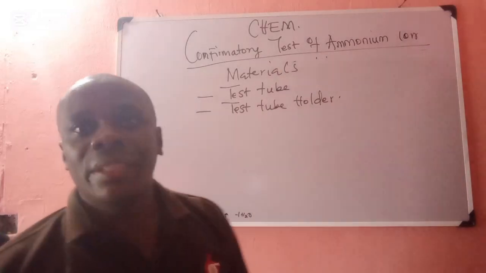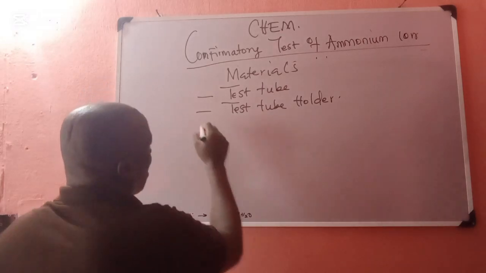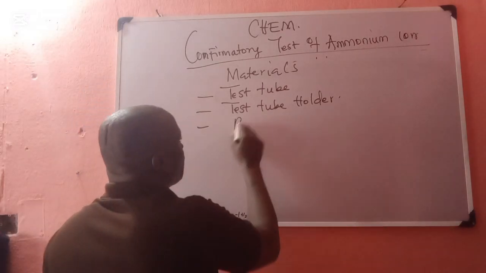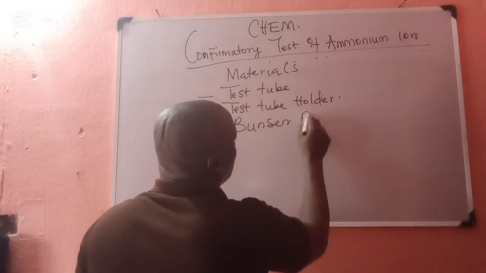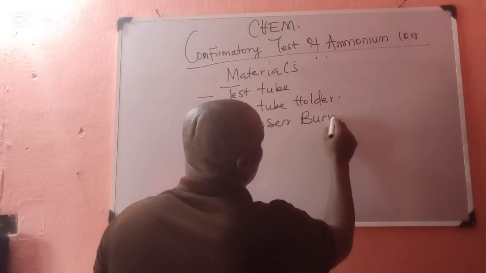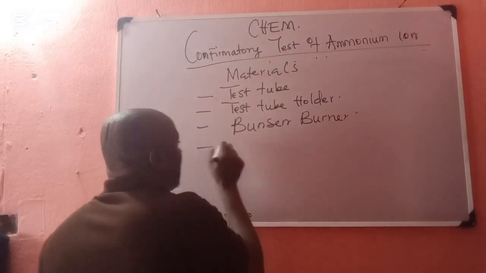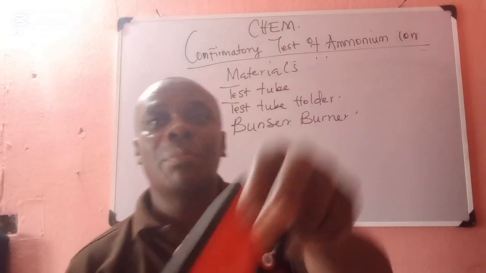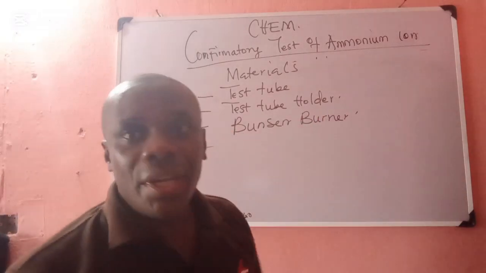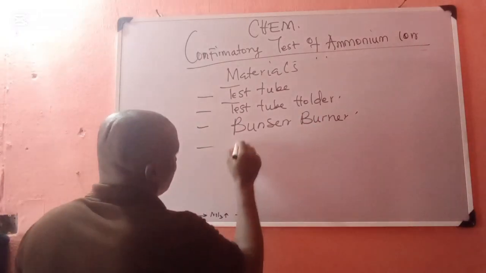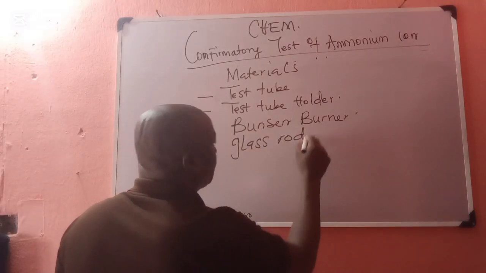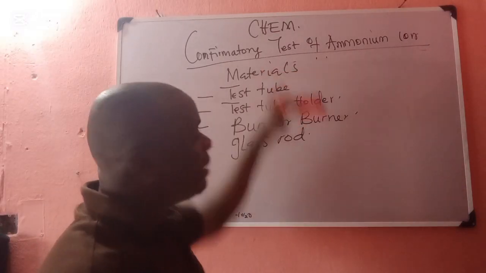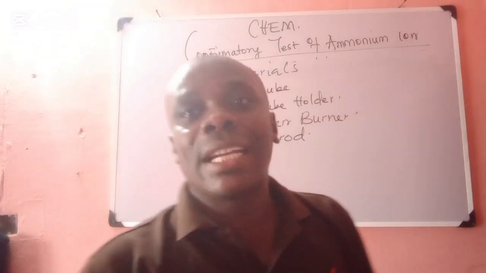Another thing we need is a Bunsen burner. Then, to confirm this, we need a glass rod. So these are the materials needed for this analysis.